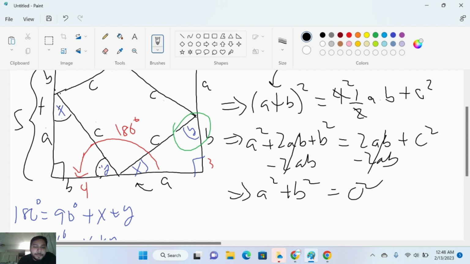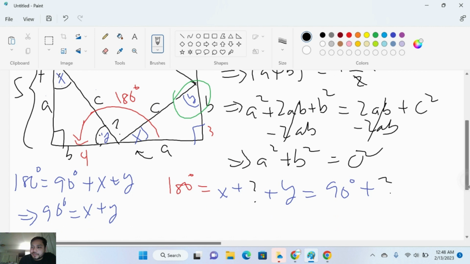There you go. And so this 180 degrees in red is actually your X plus, well, I don't know what that is, question mark, plus Y. And I know that X plus Y is 90, so this is 90 plus question mark.